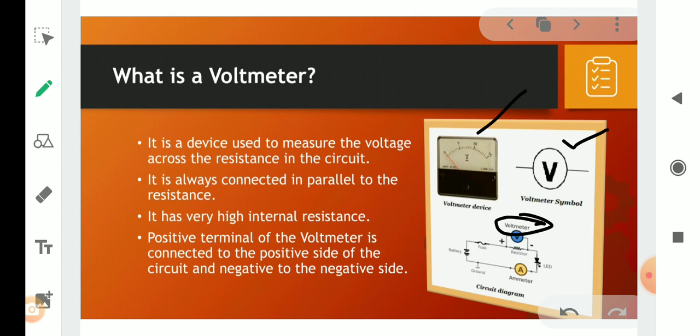Its positive terminal is connected to the positive side of the battery. This is the positive side, this is the negative side, and the negative terminal is connected to the negative side.